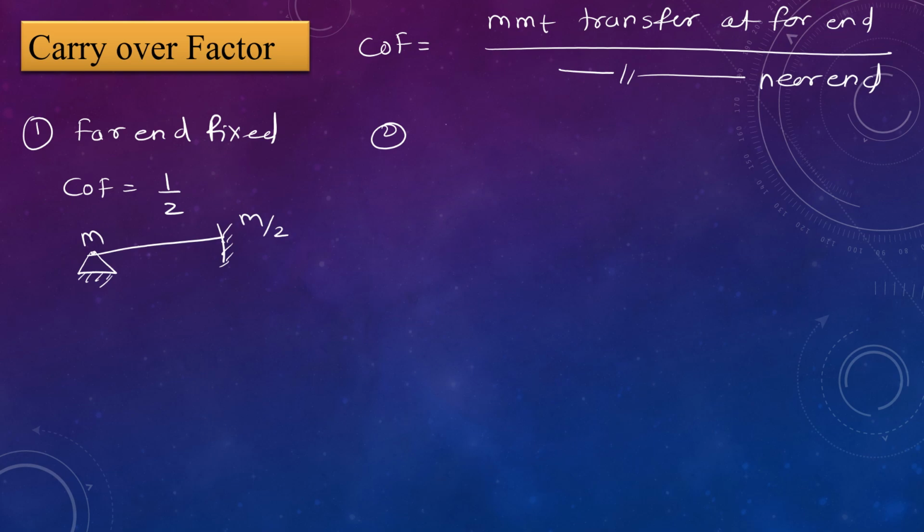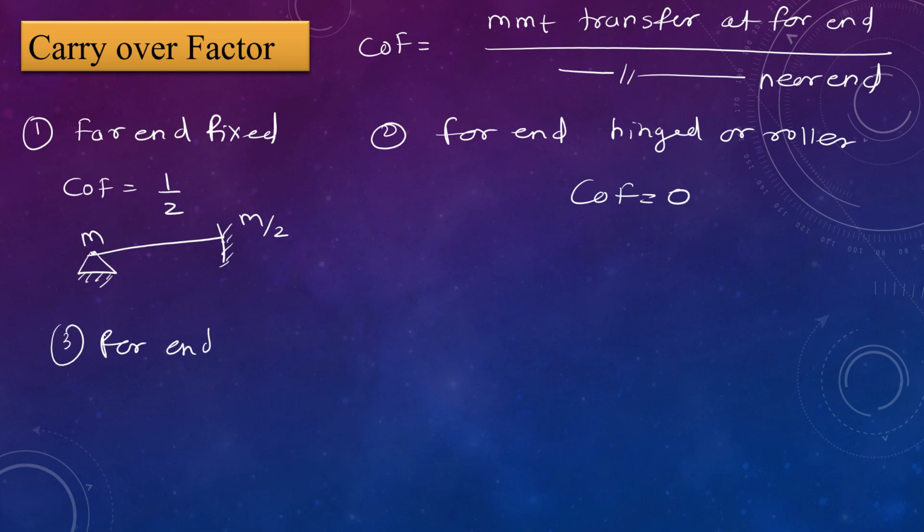Next, if the far end is hinge or roller, then the carryover factor is 0. Third, if the far end is free, here also the carryover factor is equal to 0. The fourth condition is when an internal hinge is present.